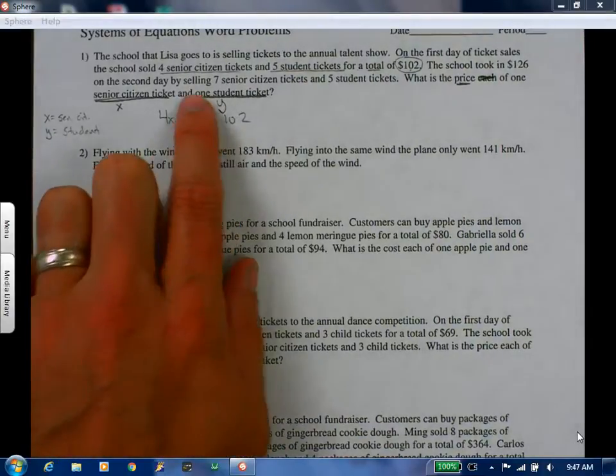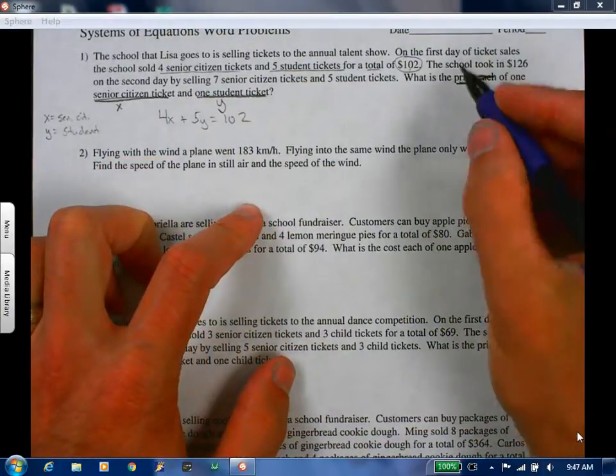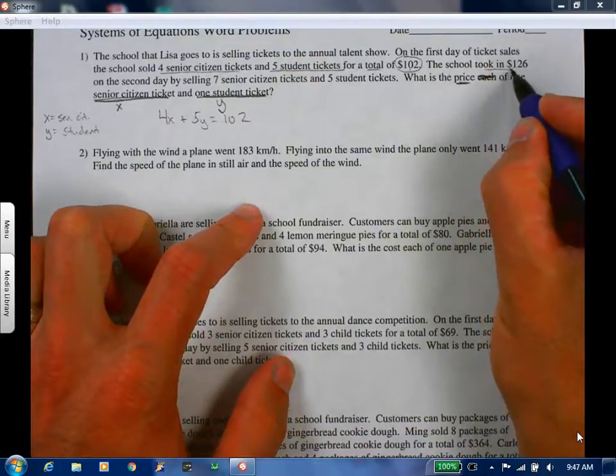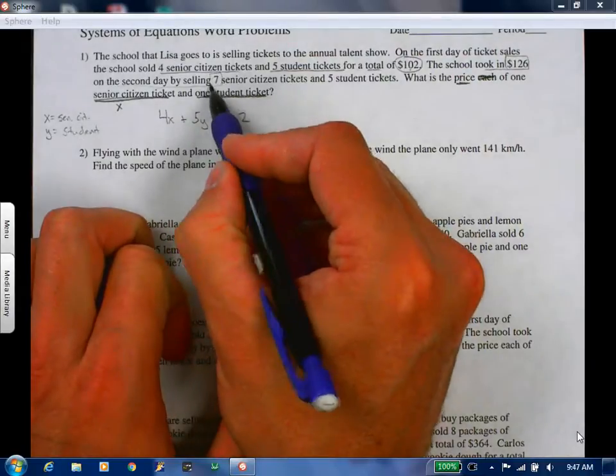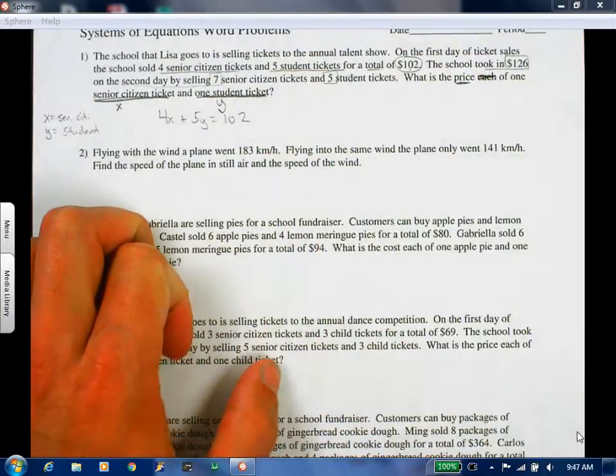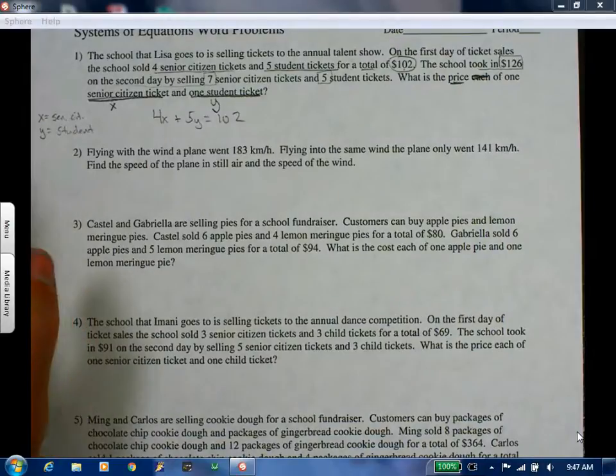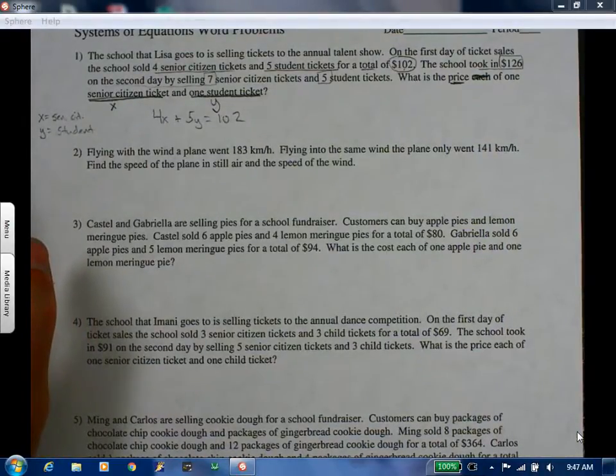Keep reading. The school took in $126 on the second day by selling 7 senior citizen tickets and 5 student tickets. That's not a lot of people in the stands. I guess you have adult tickets mixed in there too.